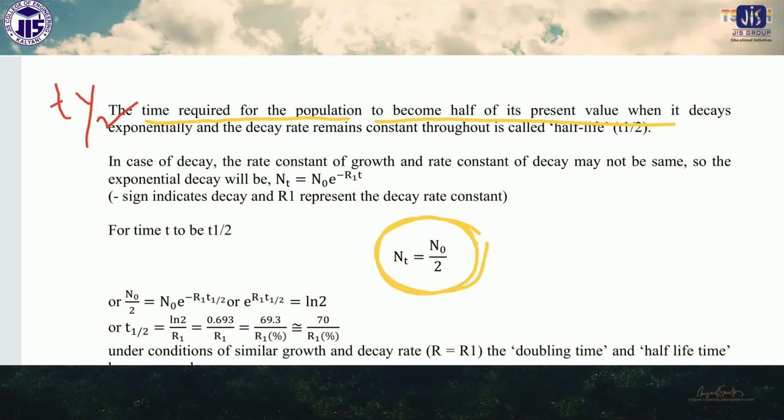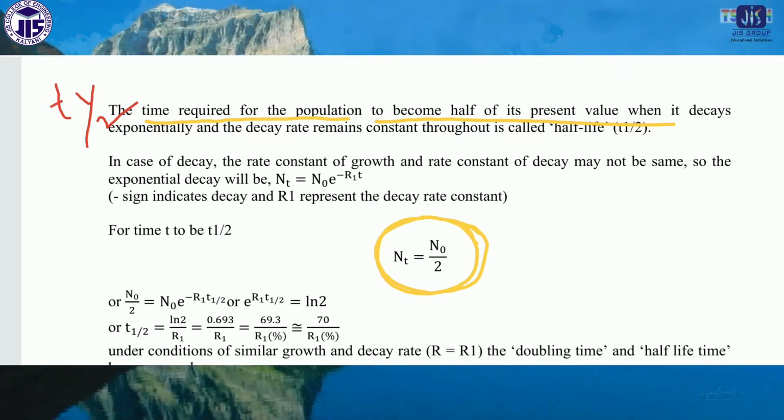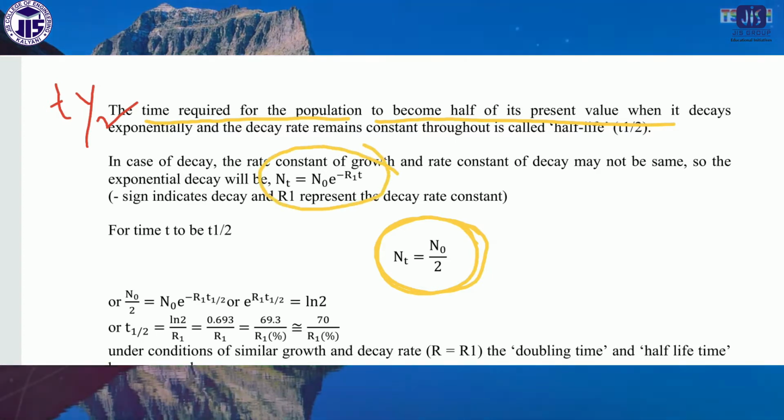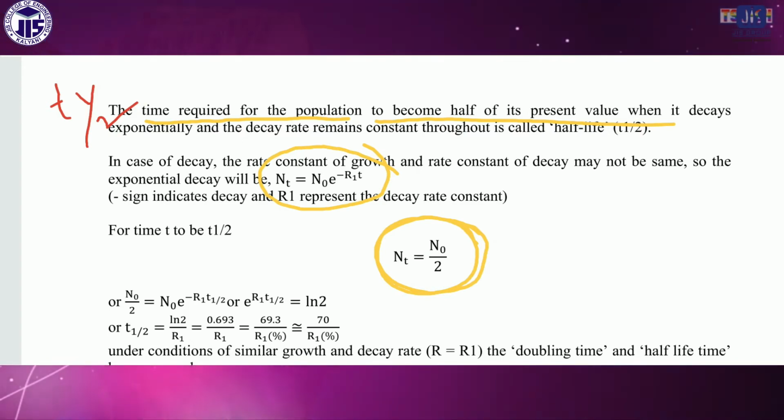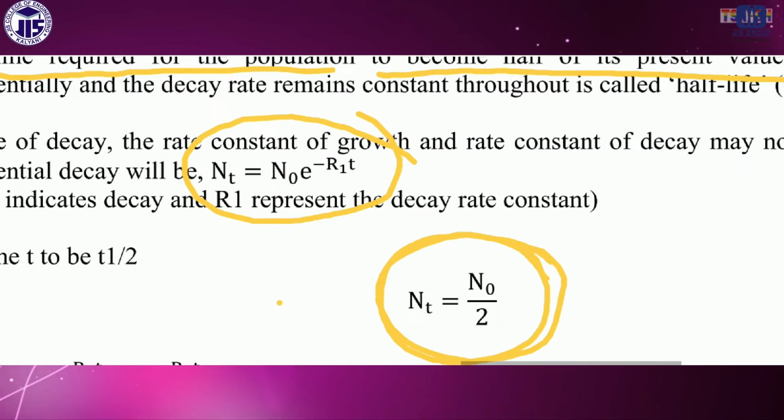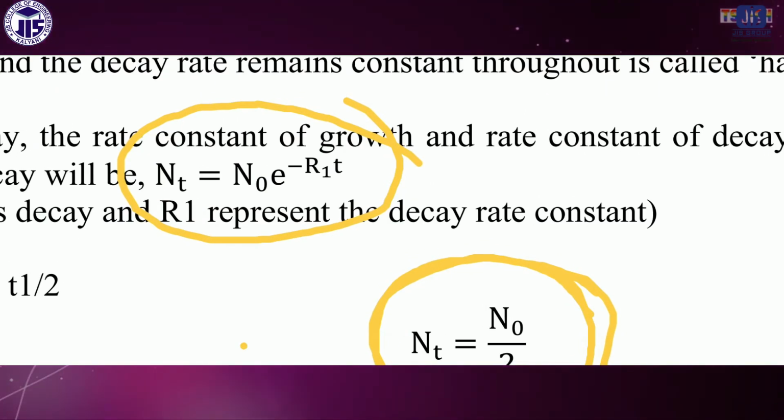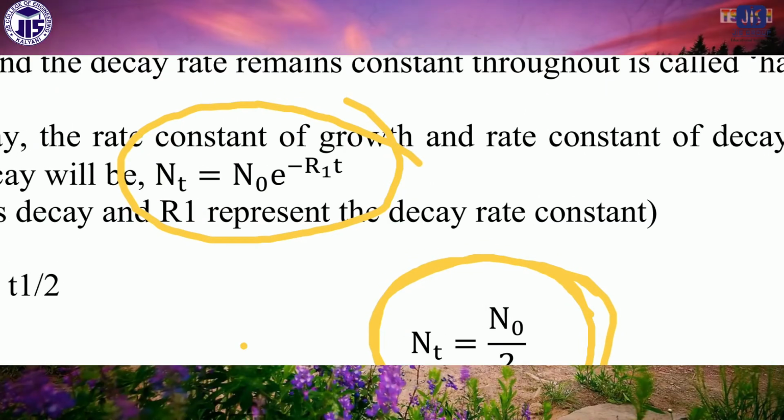Okay, so this looks very simple, but it is not so simple when you put the value of nt in the equation nt equals n0 e to the power minus r1t. Here there is an important thing you have to keep in mind: why are we taking the term minus r1?